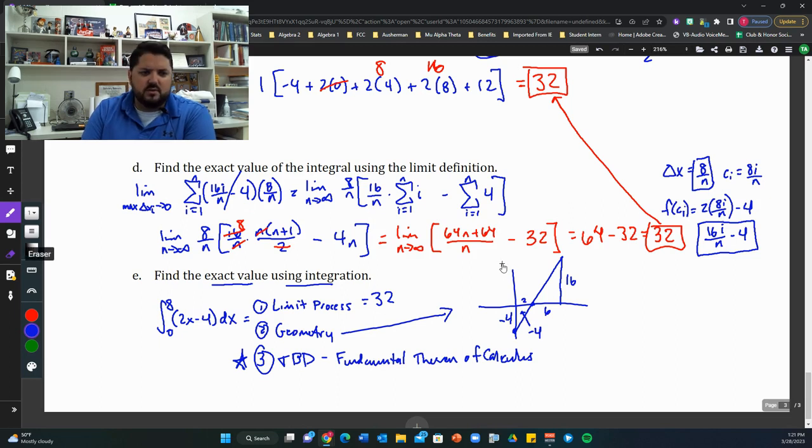Or excuse me, not 16, 12, sorry. 8 times 2 is 16, minus 4 is 12. So then half of 6 times 12 is 36. And 36 minus 4 gives me an area of 32. So that is the value of our definite integral.